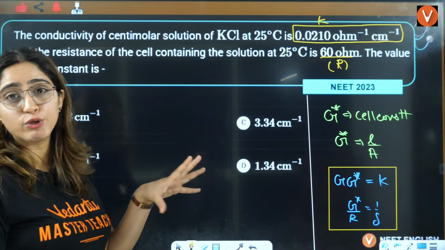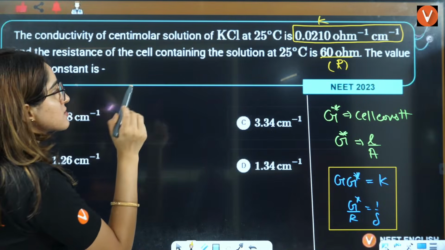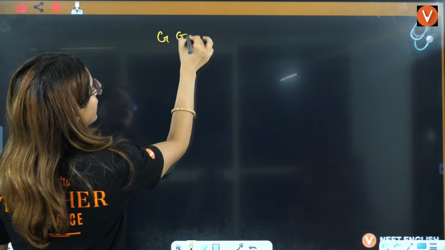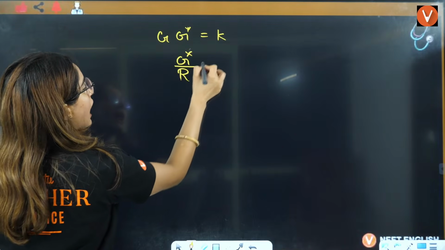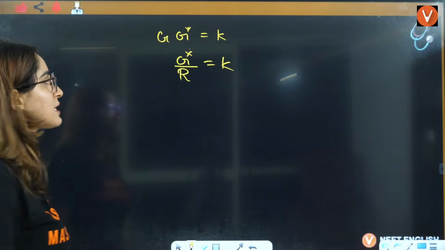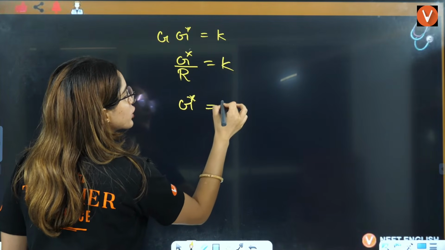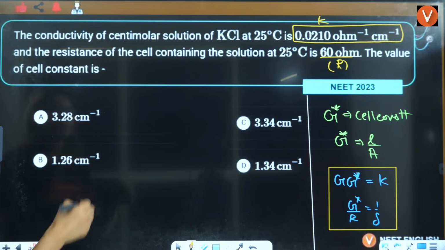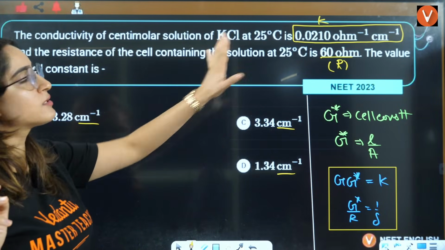So let's talk about this. Here you have G into G star equals kappa. Kappa is given to me, resistance is given to me, so I can write G into G star equals kappa. So I can say G star divided by R equals kappa, because conductance is nothing but the opposite of resistance. So they are asking you G star, that means it is going to be kappa into resistance. Now you have to look for the units. Kappa is in per ohm centimeter, this is in ohm.